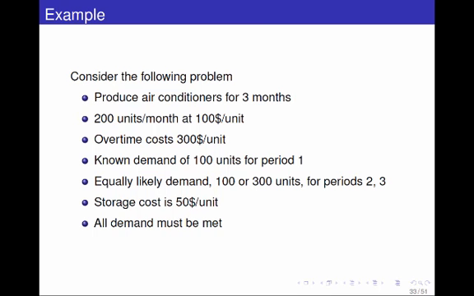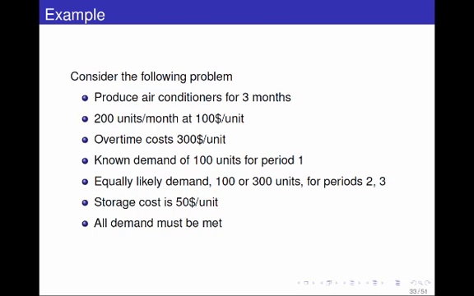So this is a problem of scheduling how to produce air conditioners. We look at a three-stage planning, and we can use regular production facilities to produce the air conditioners, emergency overtime staff, and also store. Classical supply chain problem. So three decision stages.